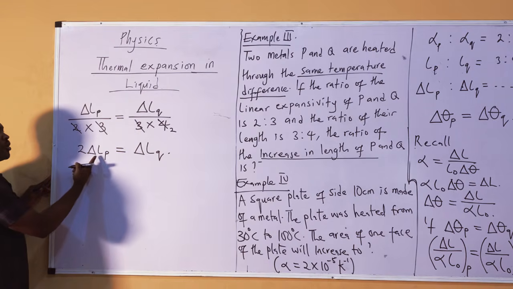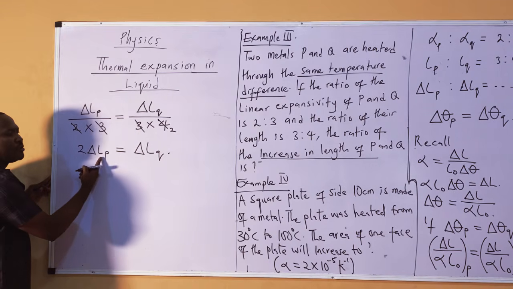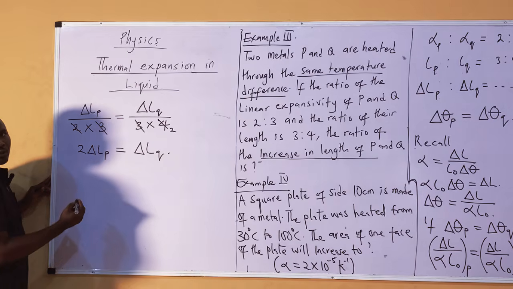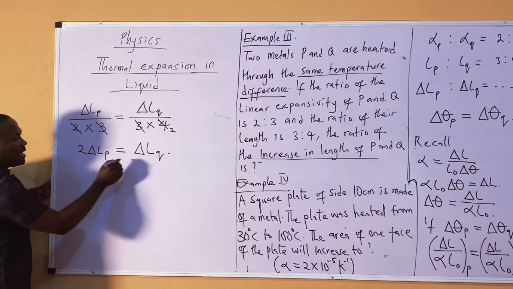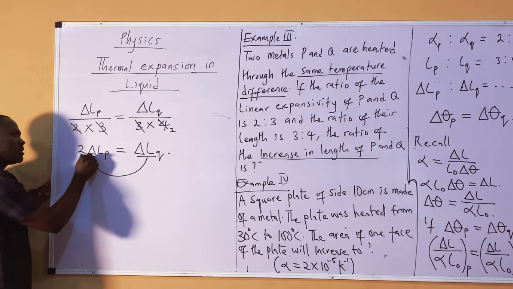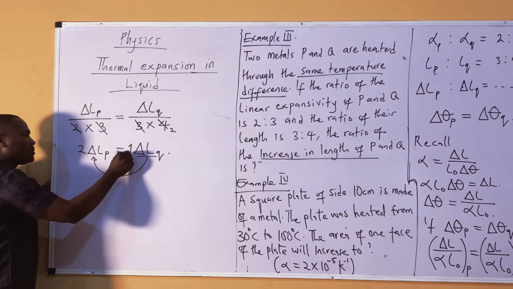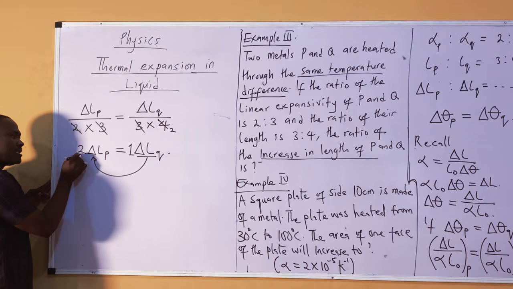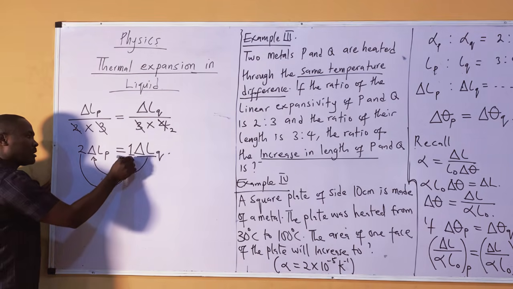Now, what is change in length of P over change in length of Q? Let this come under this. Remember, there's an invisible 1 here.